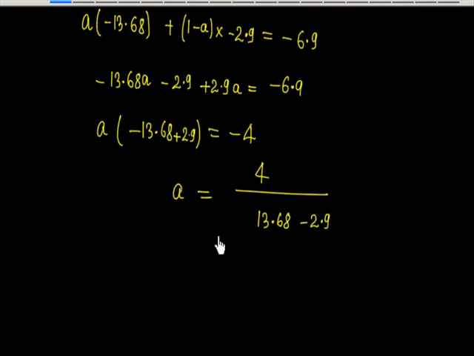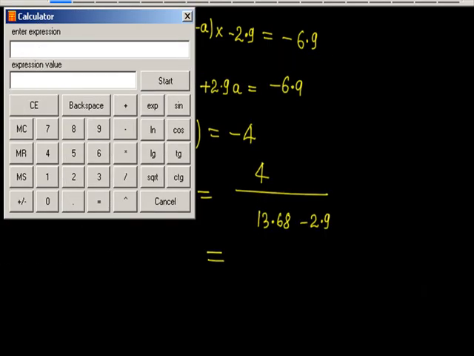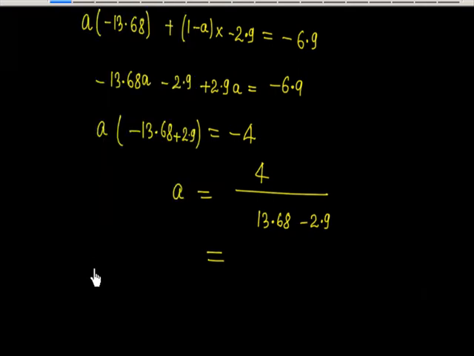So let us check this value. I will have 4 divided by 13.68 minus 2.9. So this value is 0.371.